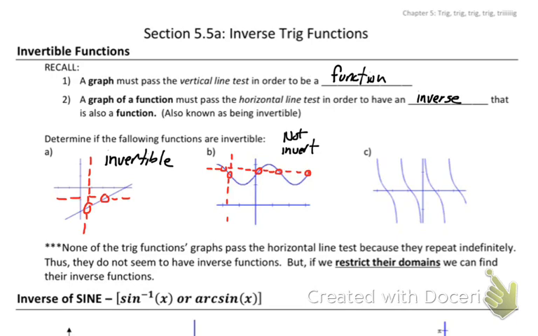Same thing with C. It could pass the vertical line test. No matter where I draw a vertical line, it's only going to hit once. But it will not pass the horizontal line test, because it hits way more than one place. So this is also not invertible.